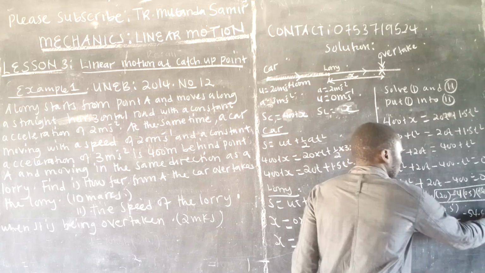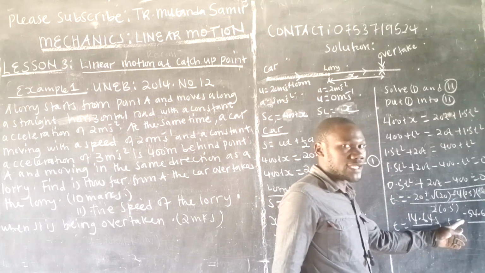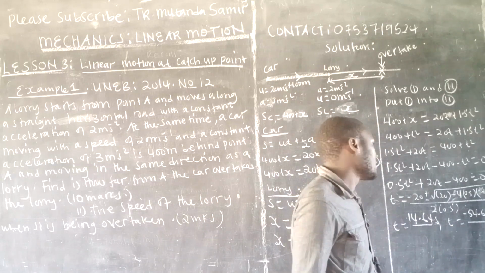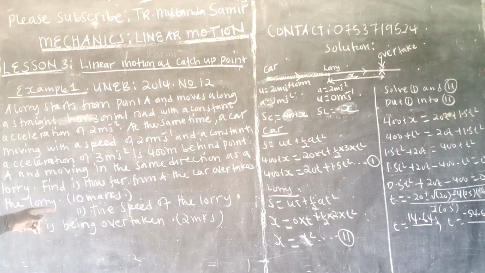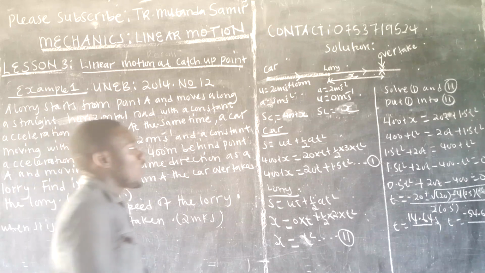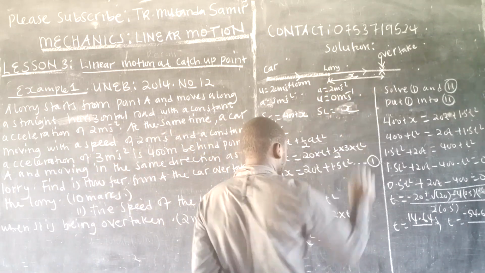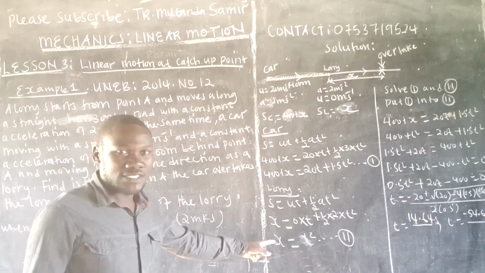These are seconds. Now, time can never be negative, so we take the positive answer. If we take t as positive, then what do they want? In part A, they are saying, find how far from A the car overtakes the lorry. How far from A? They want that value of x. But the value of x can be got from this: x is equal to t squared.